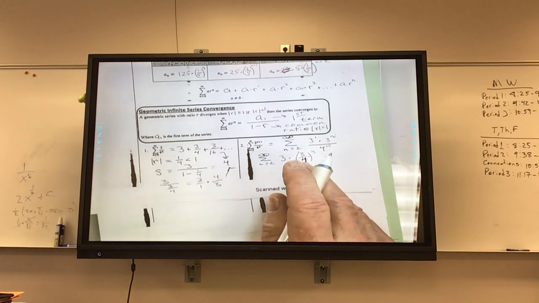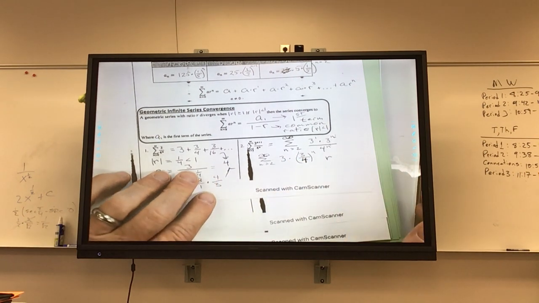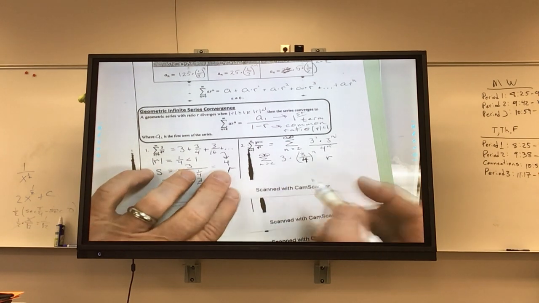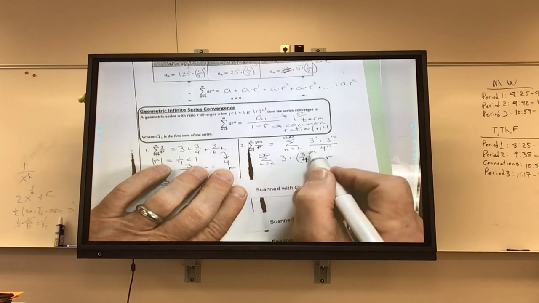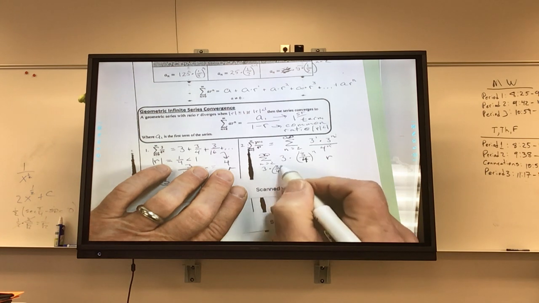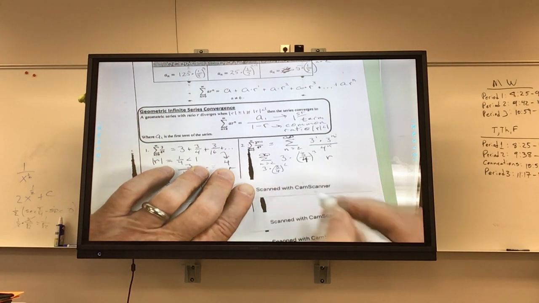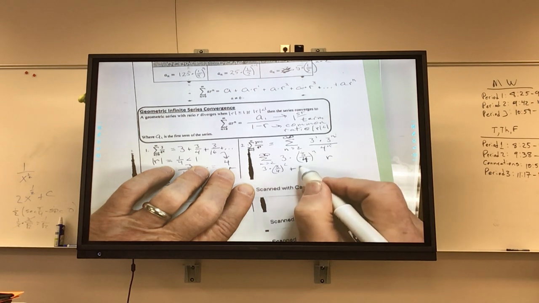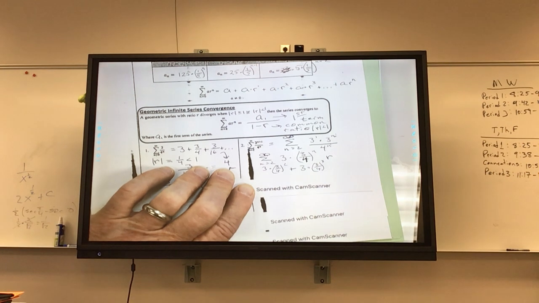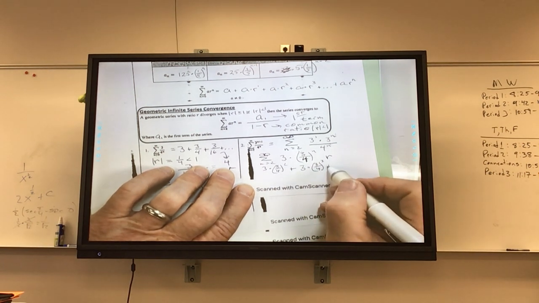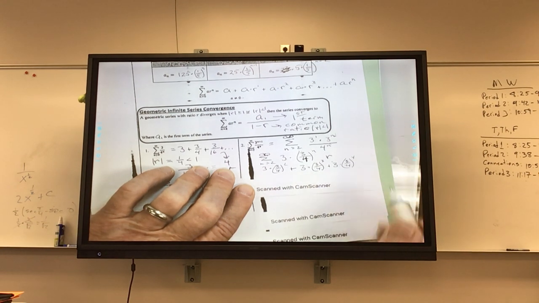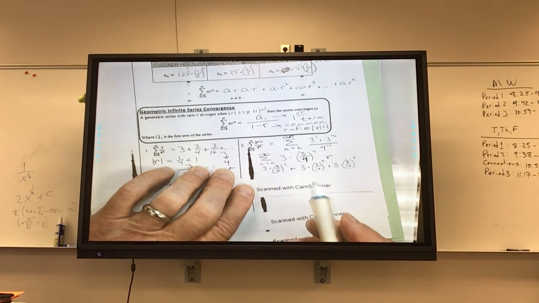Not 1/4, not 1/16, but something with the 4. Let me show you the first one. If I put a 2 in here, I'm going to have 3 times 3/4 squared, correct? Then with the 3, I'll have 3 times 3/4 to the third. Then with the 4, I'll have 3 times 3/4 to the fourth. So it's just 3/4. Exactly.